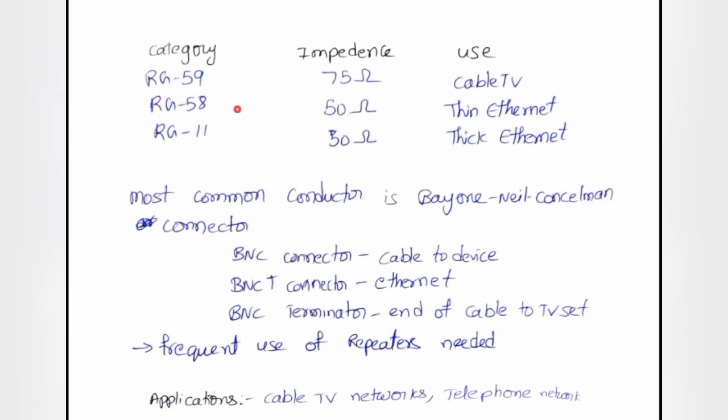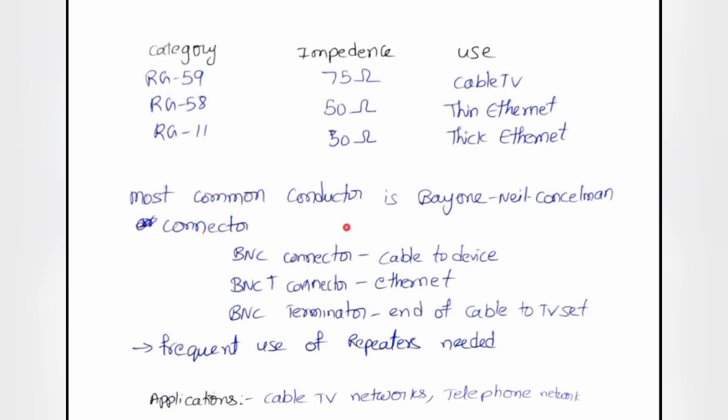So these are the different ratings of the coaxial cable, that is RG59 with impedance 75 ohms, used for cable TV, and RG58 and RG11. So this is very important. RG58 is also called a thin Ethernet, and RG11 is a thick Ethernet.